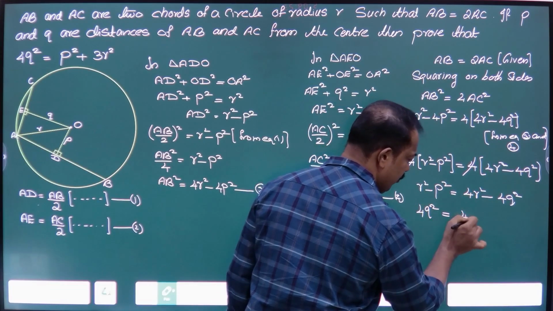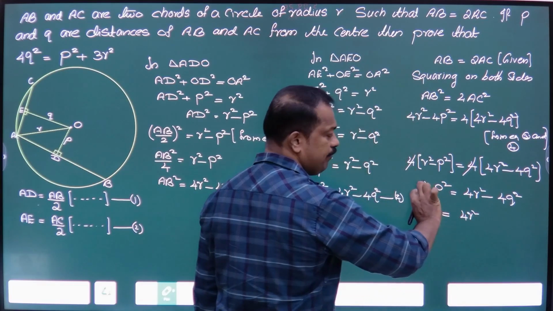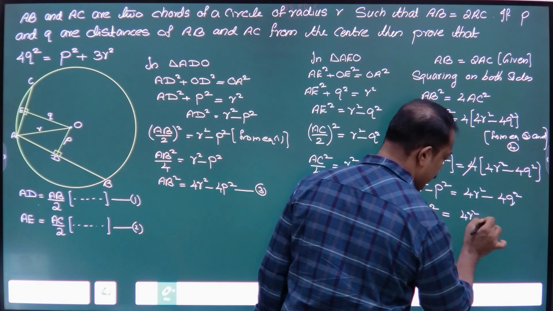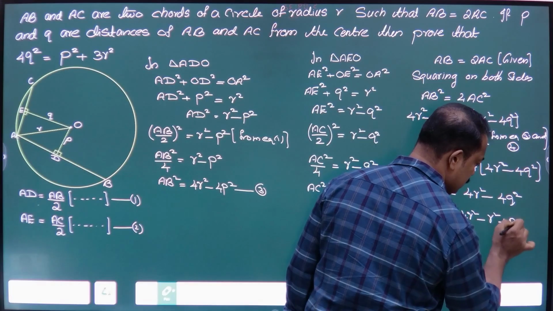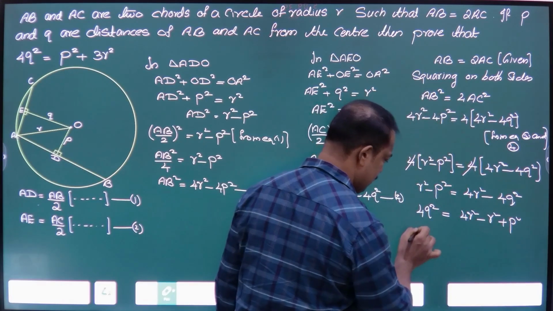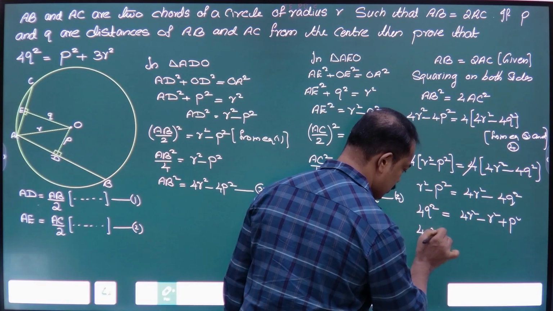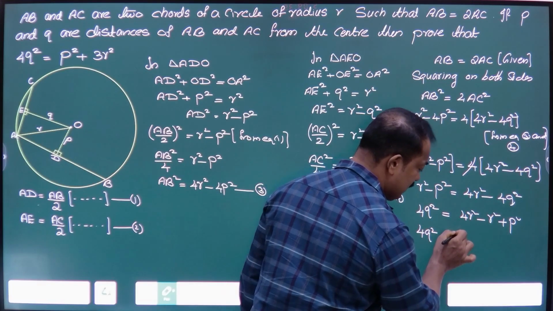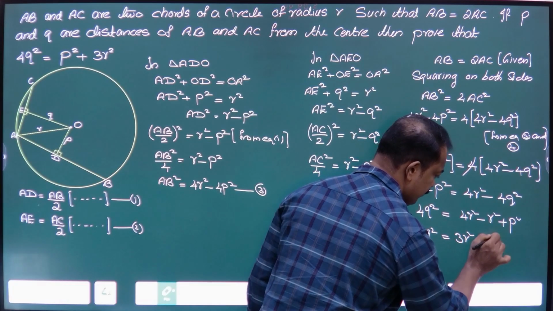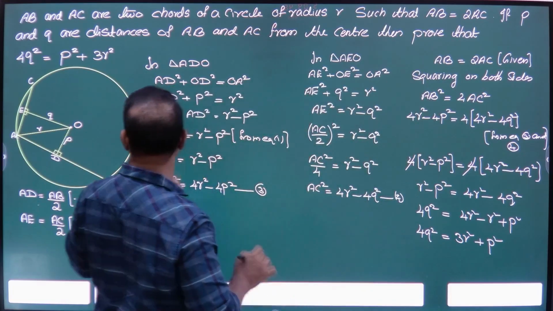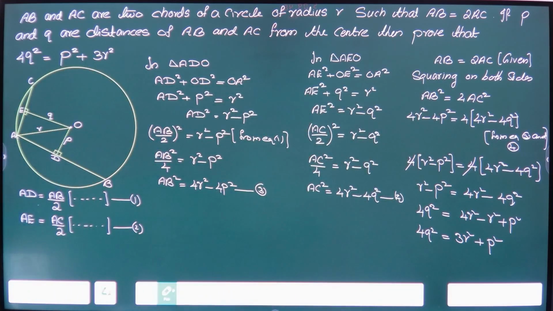On the right hand side, R squared shifts to the right becoming minus R squared, and P squared shifts to become plus P squared. So 4Q squared is 4R squared minus R squared plus P squared. Hence 4Q squared is equal to P squared plus 3R squared. Clear? Steps clear? Any doubt?